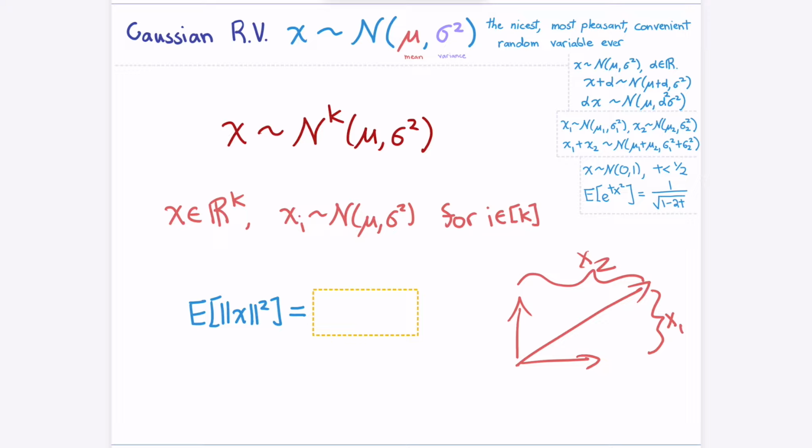So what is the expected length of such a vector? It might help to expand out. This is the first class where we're doing vector notation, linear algebra notation, so just pause me if you haven't seen it before.